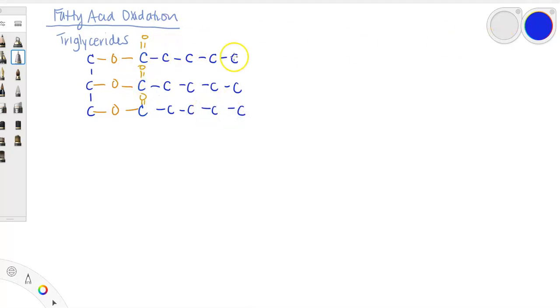All right. And of course, you know, there's hydrogens hanging off of here, right? On all of these, right? They all have hydrogens there, okay? To complete that. All right, and this is however long they are, the fatty acids.